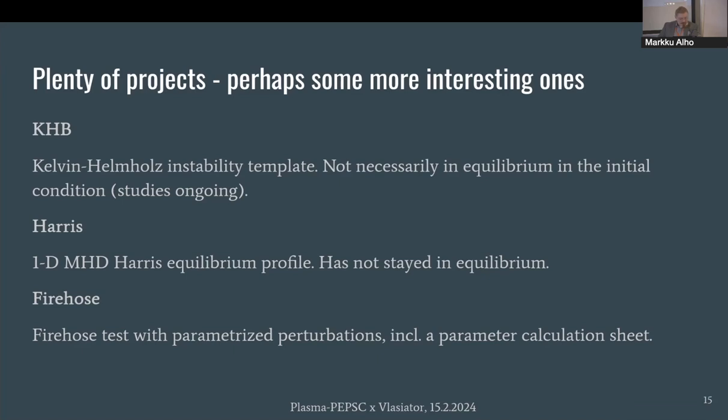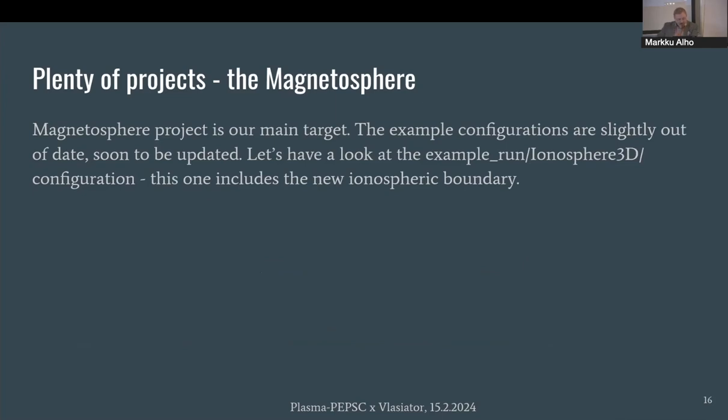Fire hose instability tests. So that's another example of basic physics that you could test here in the hybrid ion regime. And then we have, of course, the magnetosphere project that is the main target. Just to note that at this moment, I think the example configuration in this project folder is a bit outdated, but the folder in the samples directory is a bit more up to date.